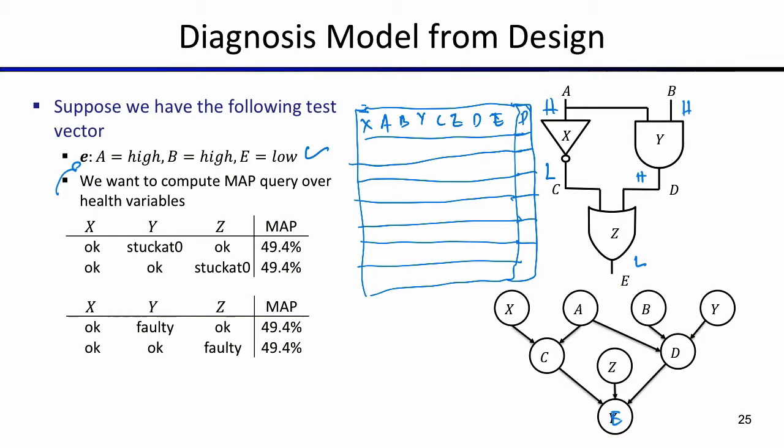It's going to be one number associated with each possible combination of variable values.